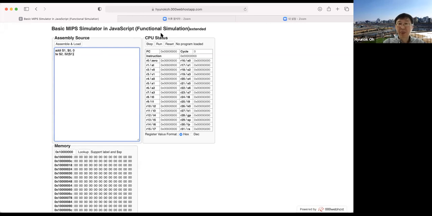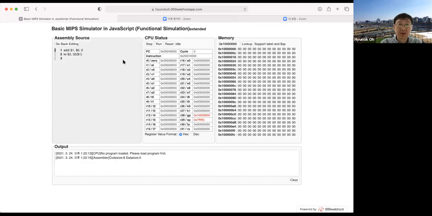Let's try to do that. Can you run it by yourself? If you have completed it, please let me know using the chat window. If you are running it, nothing is changed in the restart one.